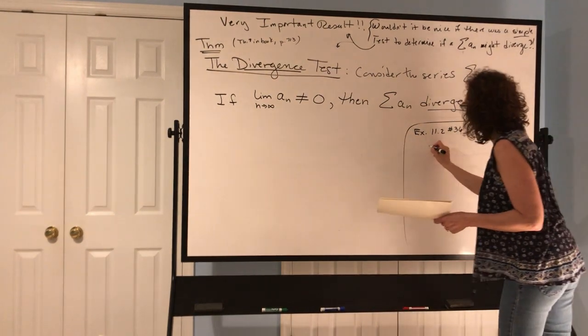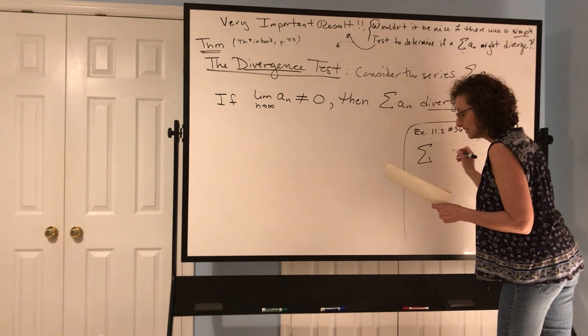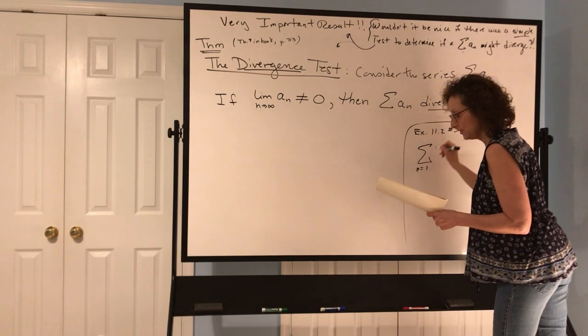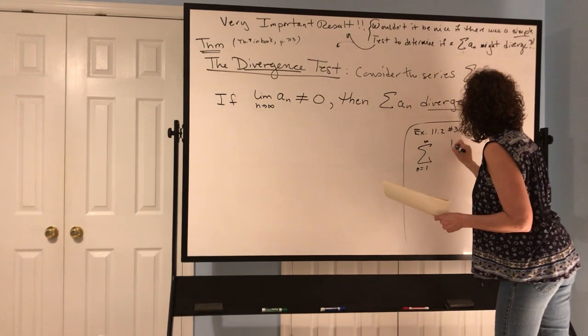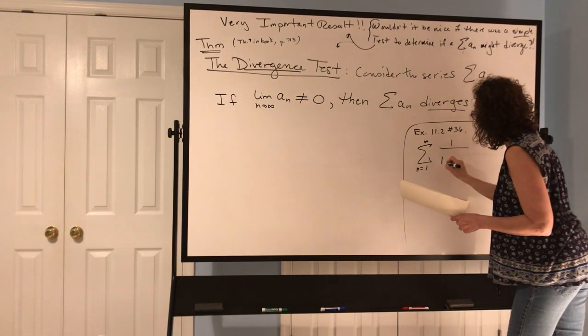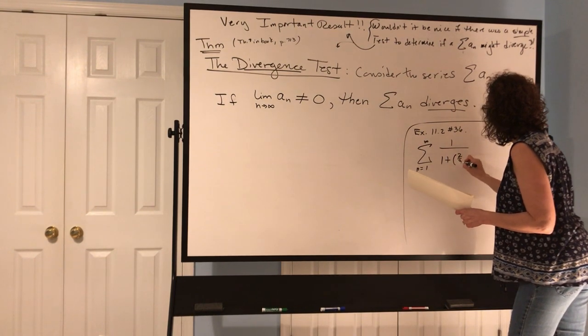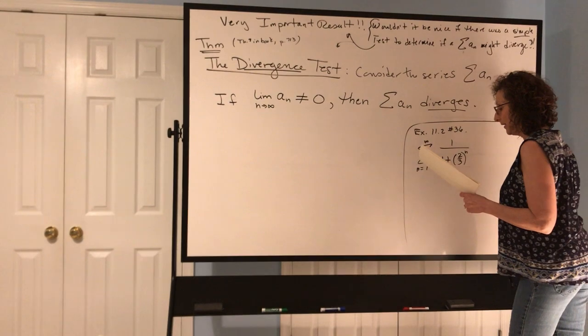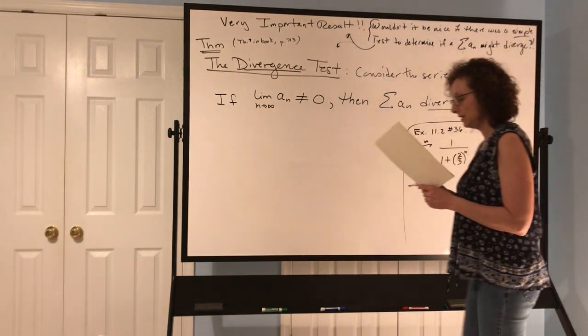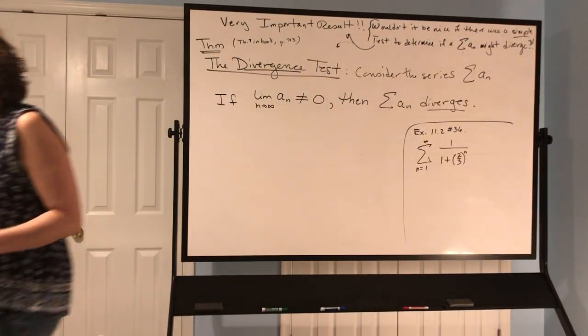Okay, so here's the sum: the sum from n equals 1 to infinity of 1 over 1 plus (2/3)^n. That's looking kind of crazy, right?